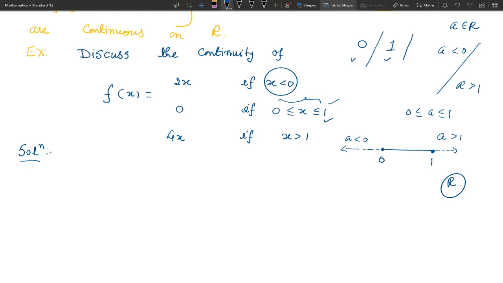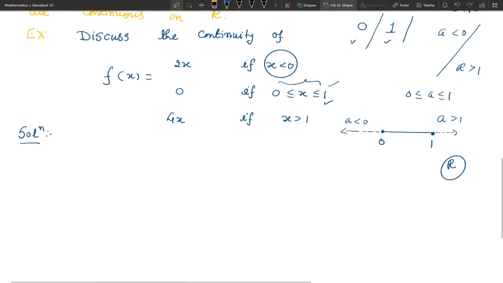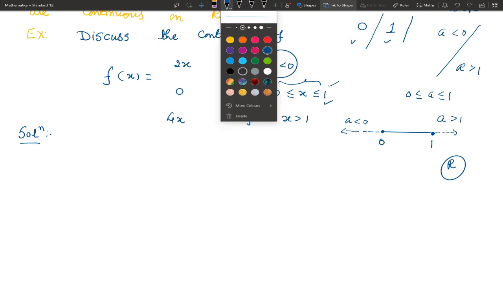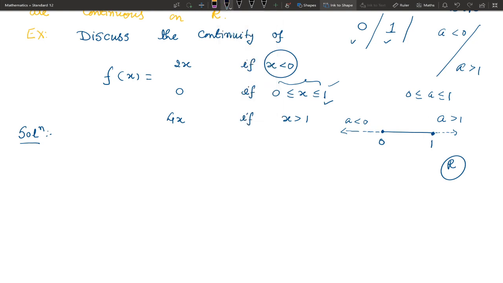So case 1. We have taken a belongs to R and a less than 0.